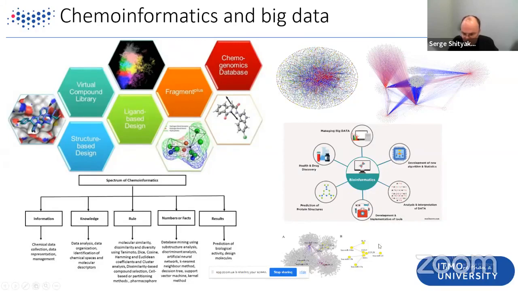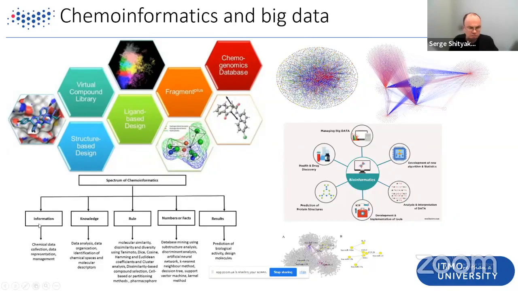We are trying to investigate how microRNAs are important to find a treatment against this disease. And this is just a spectrum, on this graph, of chemoinformatics and what are the key points, the milestones of this spectrum.